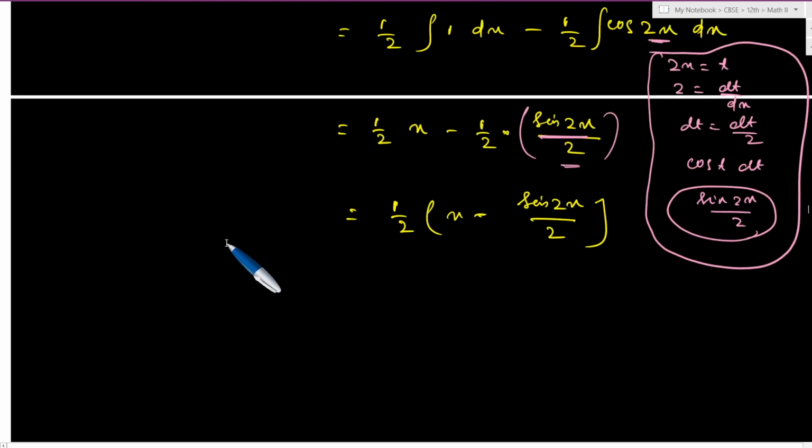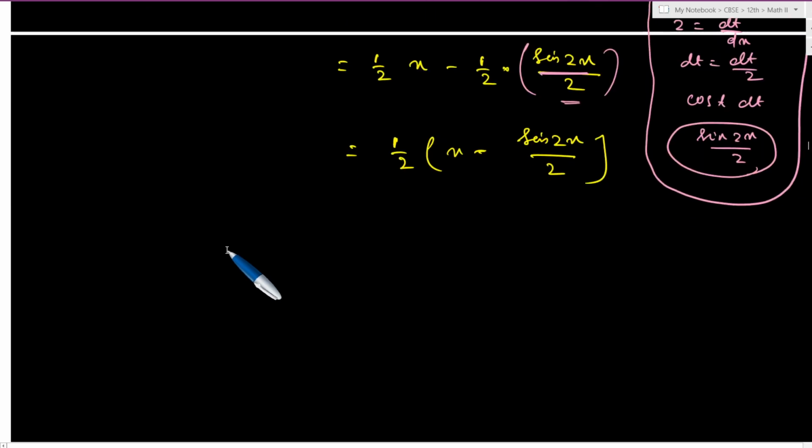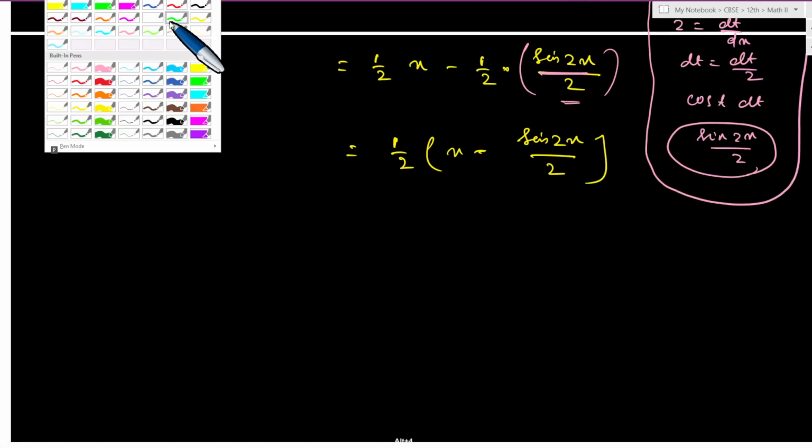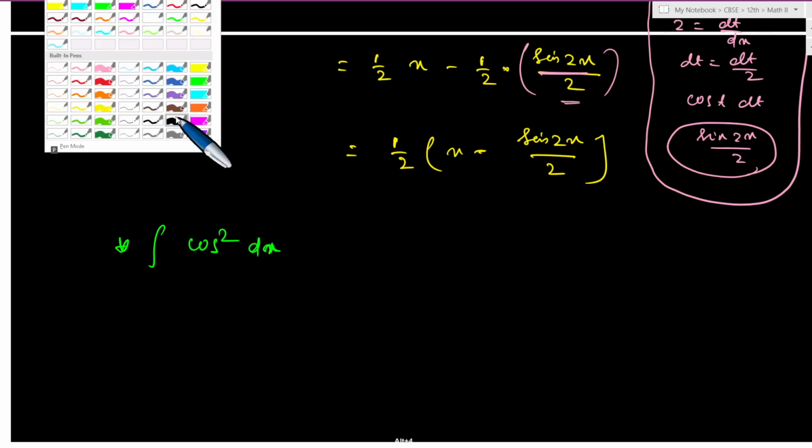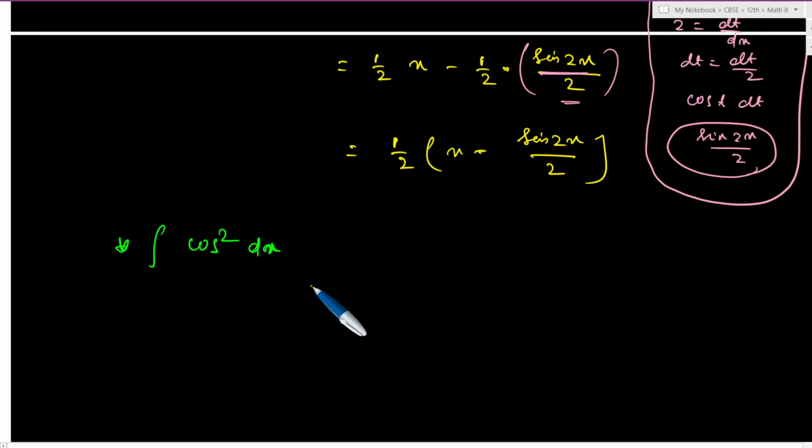Okay, let's solve another question. Integration of cos square x dx. These are the simple trigonometric identities actually. How to approach this question?